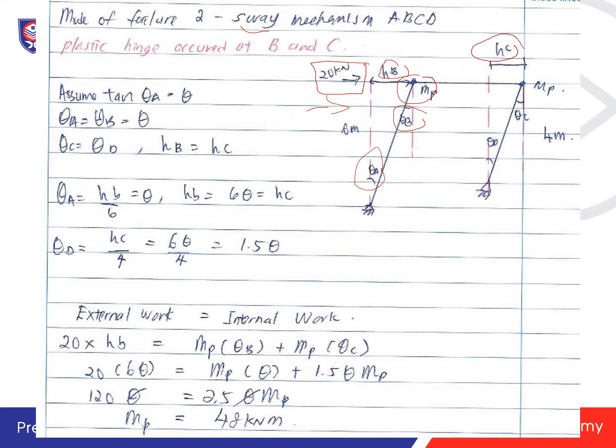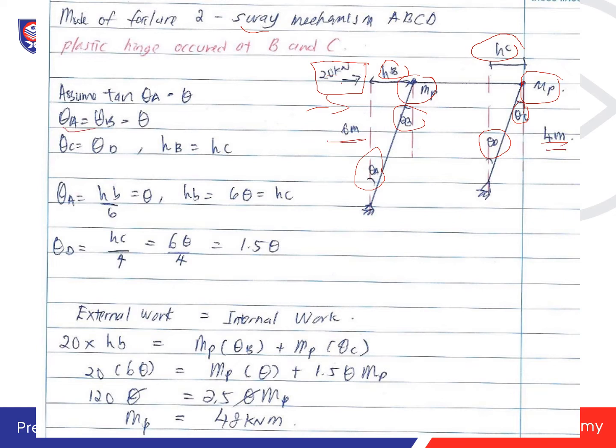HB and HC here, and then this is another hinge, caused by the joint when the force is applied. And then here you have a theta C, here you have a theta D. Here is 6 meter, here is 4 meter.